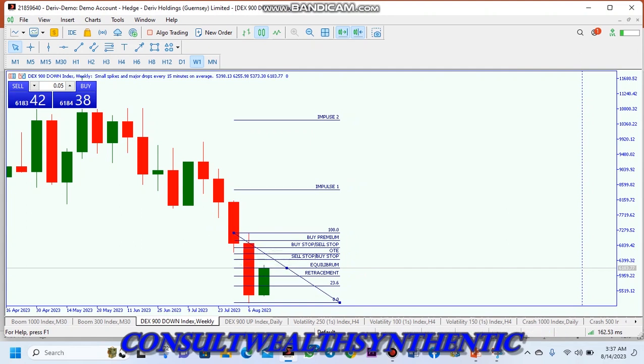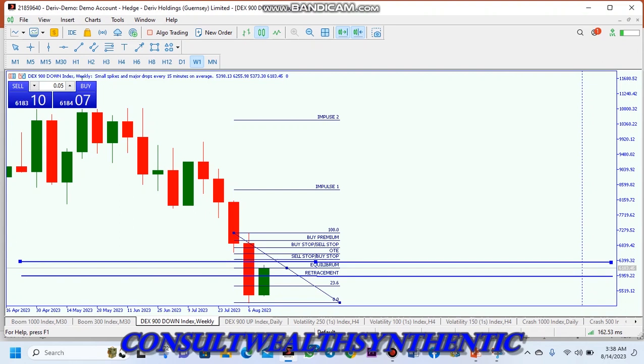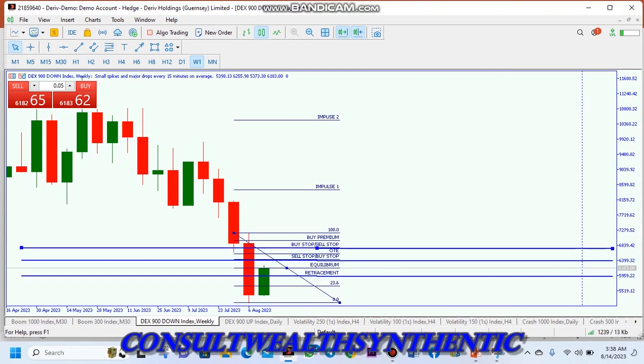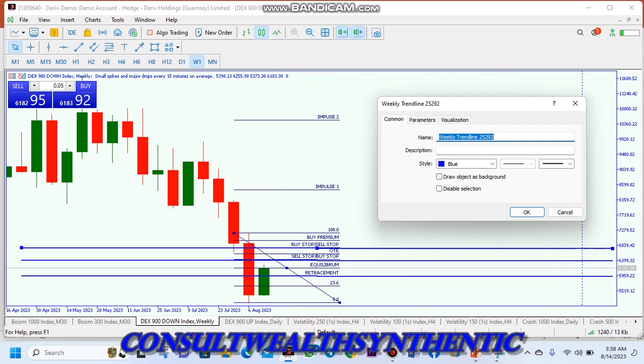So we want to mark our retracement level first. Then we want to mark our sell stop. Then our buy stop. So those key areas.